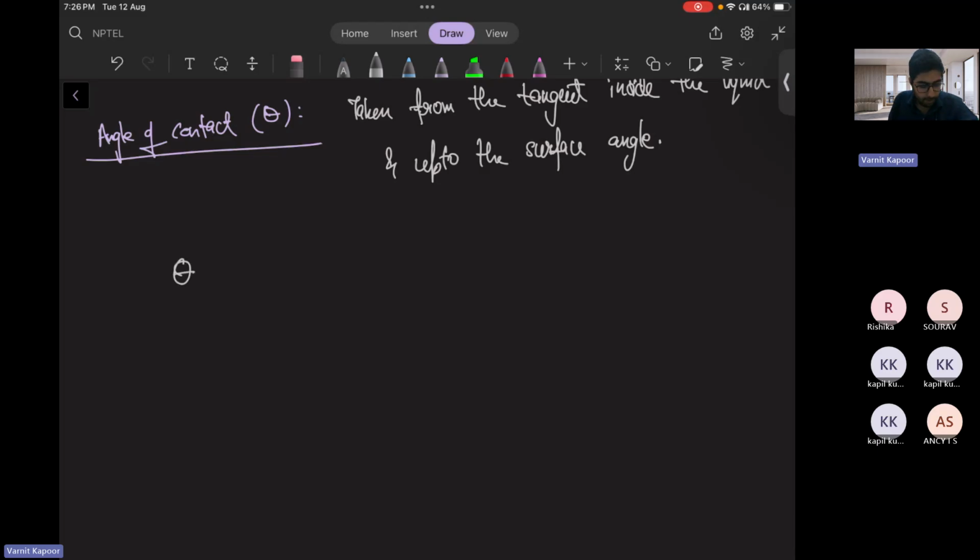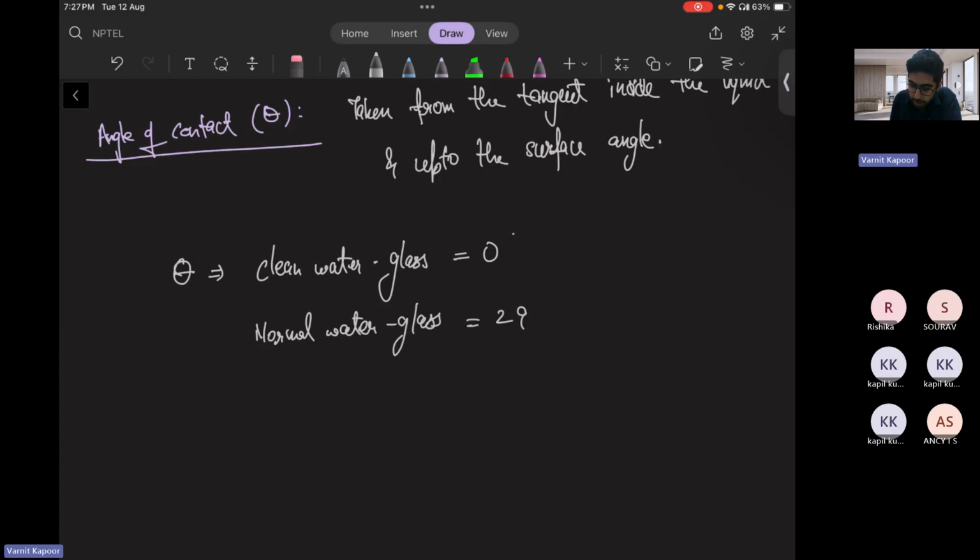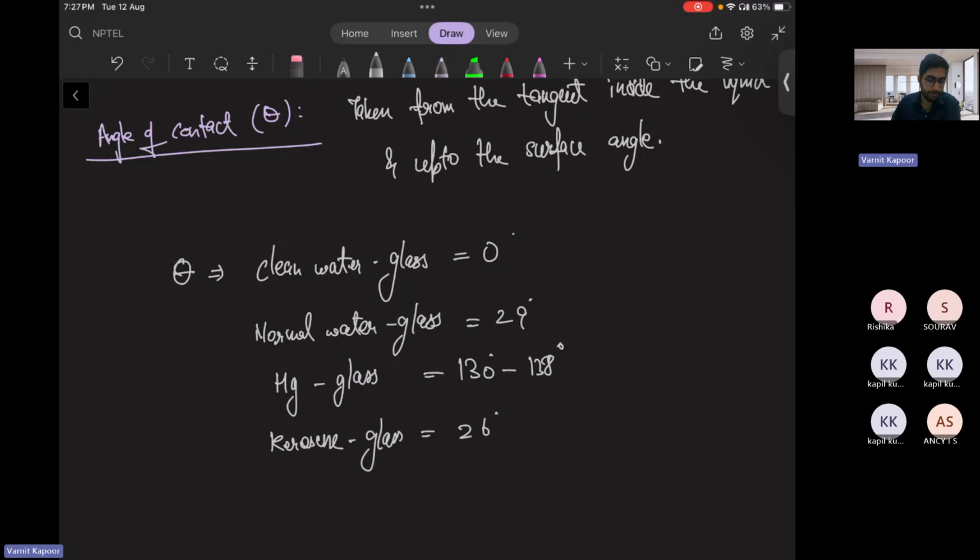Theta for a clean water glass is equal to 0 degrees. Normal water is 29 degrees. Mercury glass was 130 degrees to 138 degrees. Whereas kerosene glass is 26 degrees.